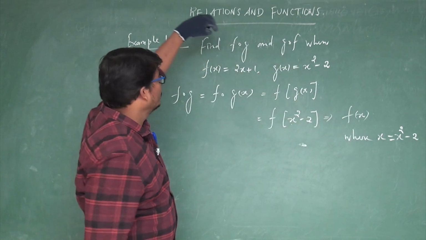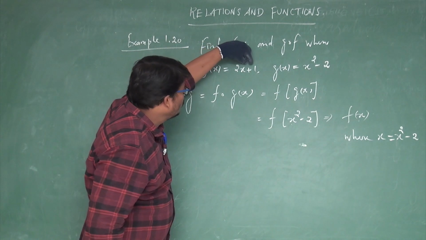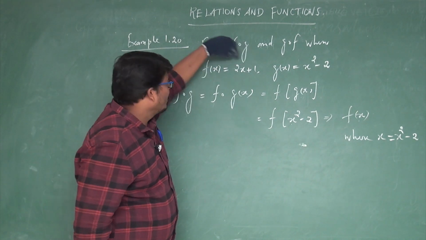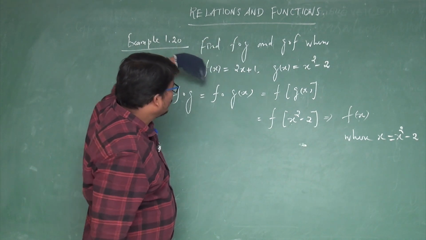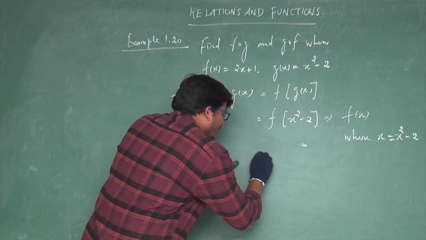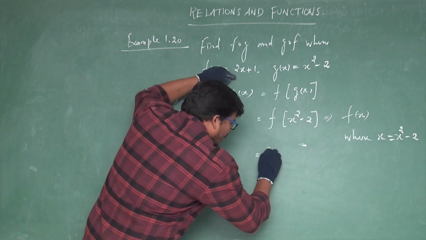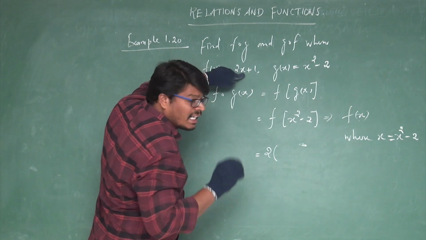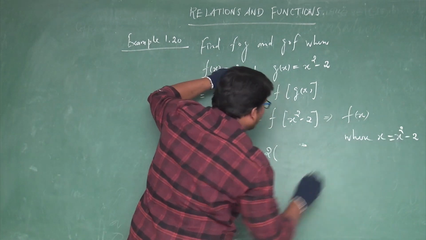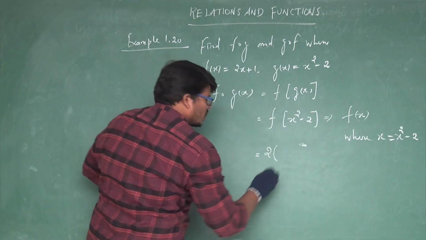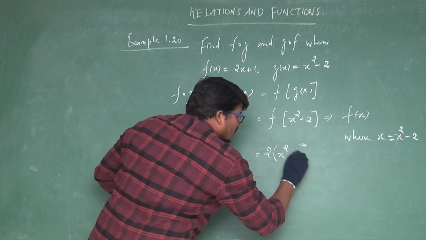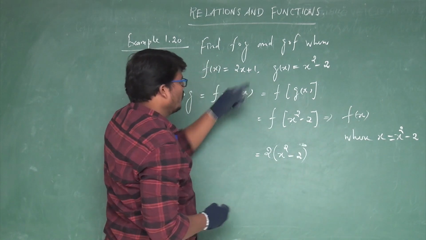Substitute in f(x). Here the f(x) value is 2x + 1, so 2 times x, where x is replaced by x² − 2, gives 2(x² − 2) + 1.